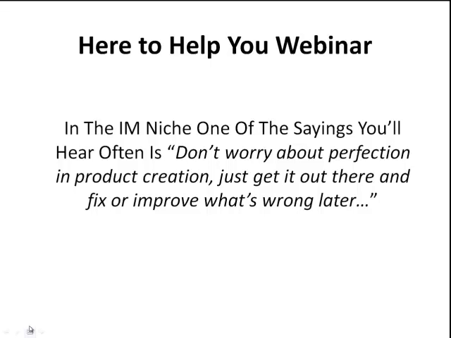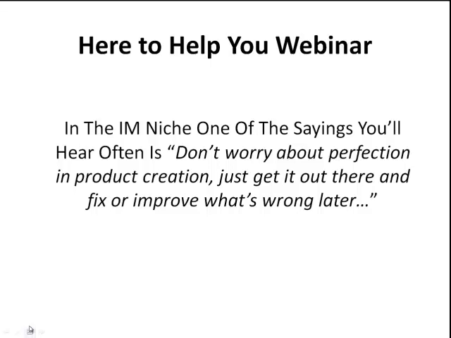Now, one of the things you'll hear a lot in the IM niche in particular, and in other niches as well, generally tailored towards people creating products, is: don't worry about perfection in the product creation, just get it out there and fix or improve what's wrong later. And for the most part, I agree with that.